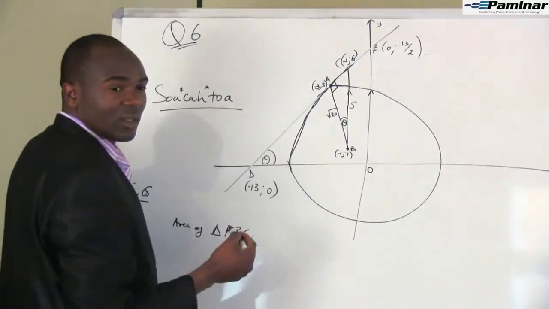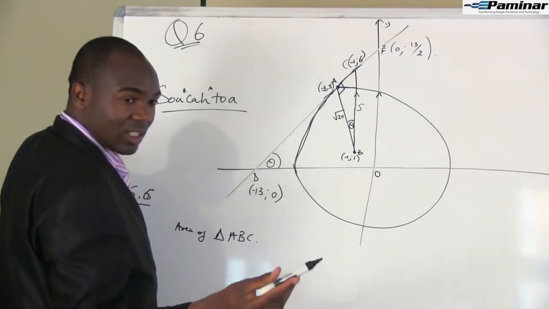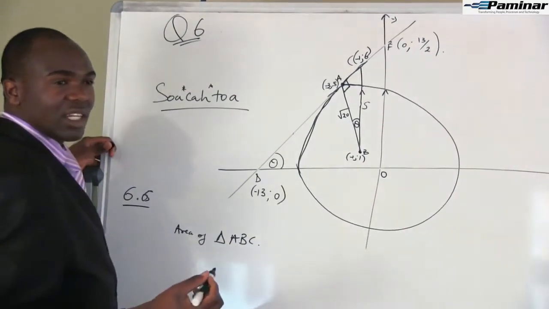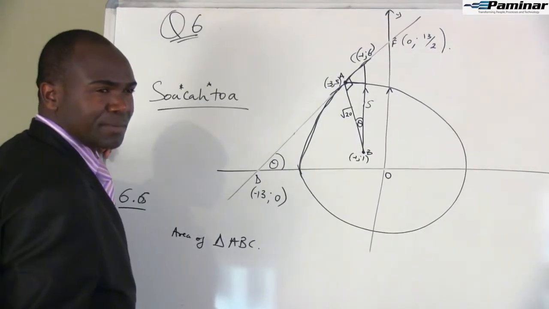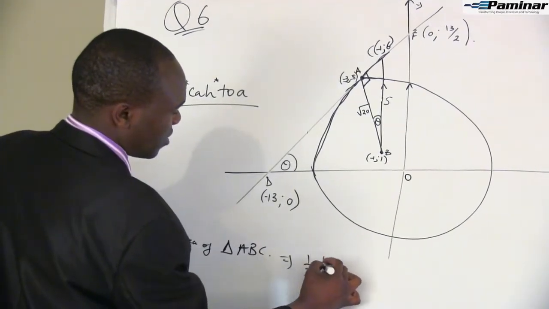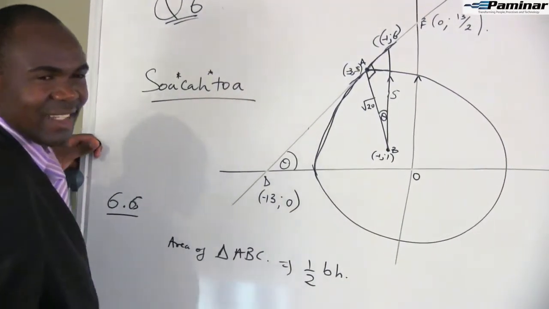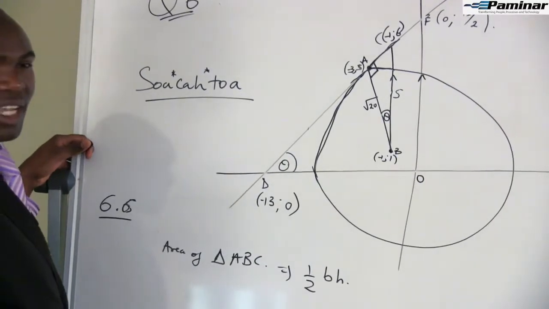So what kind of a triangle is it? A right-angled triangle. So when it's a right-angled triangle, what do we use? It's very simple to use this formula. What is it? Yes, half base times height.